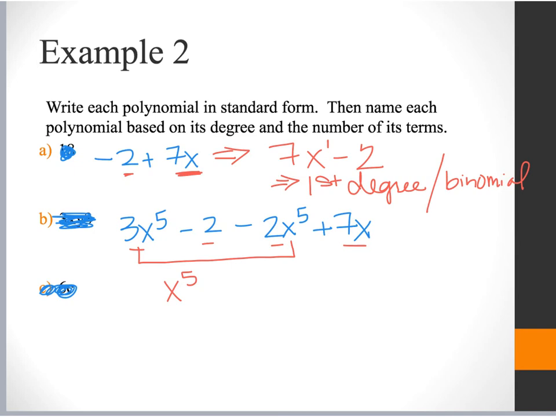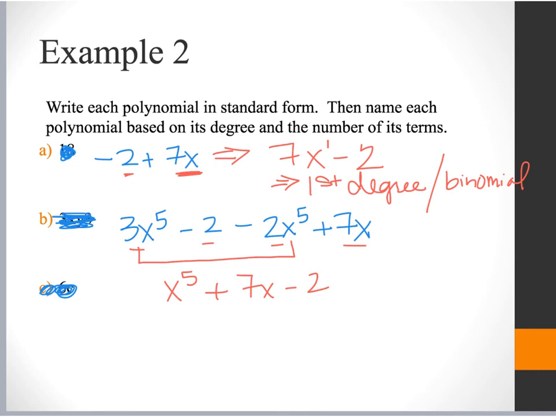Then I have my 7x term, so that's plus 7x, and then I have minus 2. So this is my polynomial written in standard form, because my x to the fifth comes first, I have x to the first, and then I have a constant term or a term with no variables.